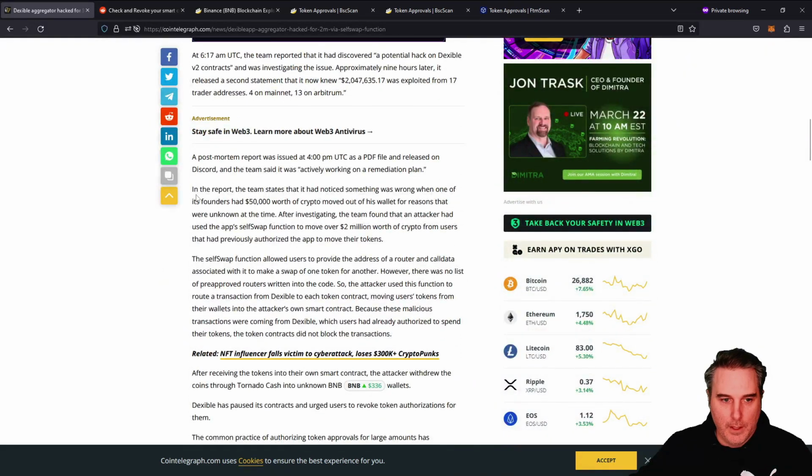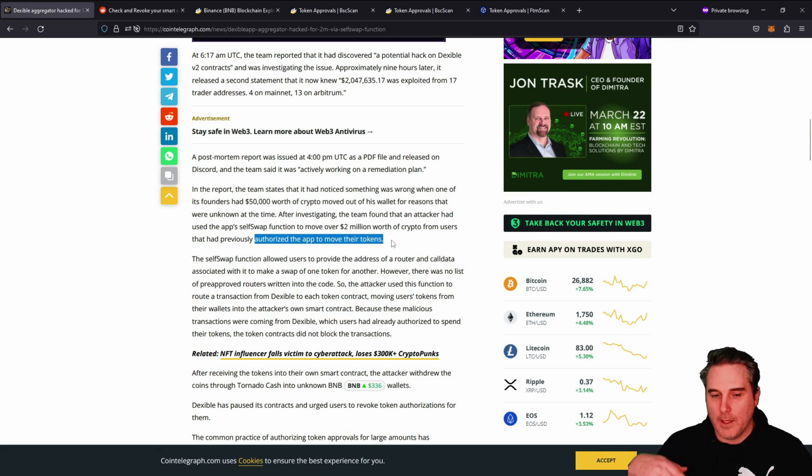Okay, and it goes on here to say that further in the report, the team states that it had noticed something was wrong when one of the founders had $50,000 worth of crypto moved out of his wallets for a reason that was unknown at the time. After looking into this, the team found the attacker had used this function to move in total $2 million worth of crypto from users that had previously authorized the app to move their tokens.